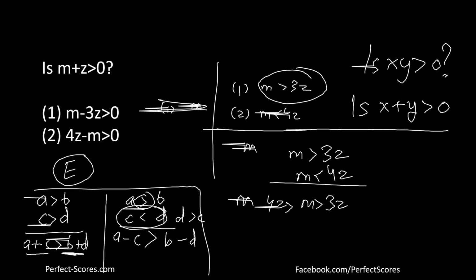So the first thing that you think about is whether the question is only about signs. If it is, then in your scratch paper, if you're plugging in values for two variables, you can try positive, positive; negative, negative; positive, negative; negative, positive. Try these values, and then the answer will reveal itself if the question is only about signs.